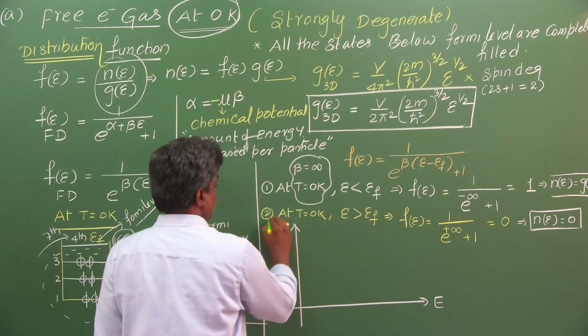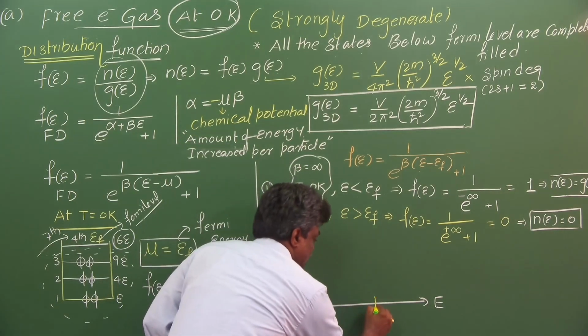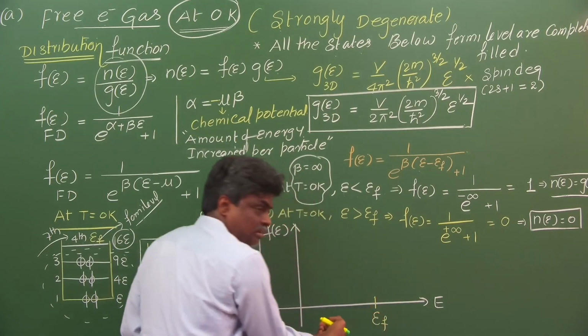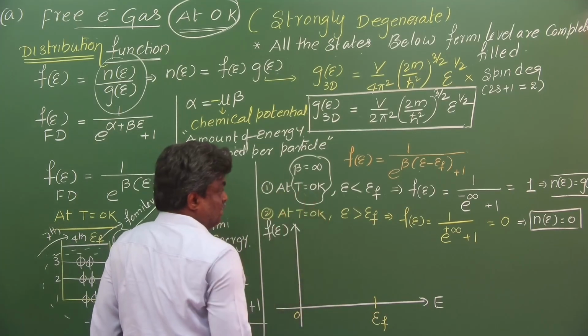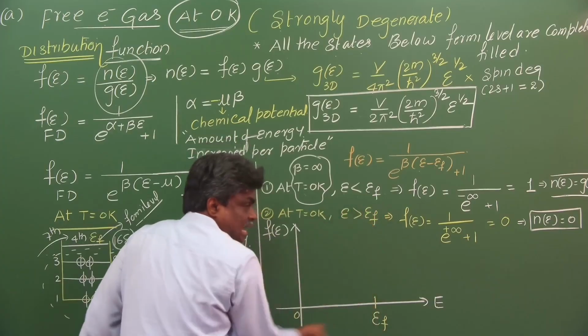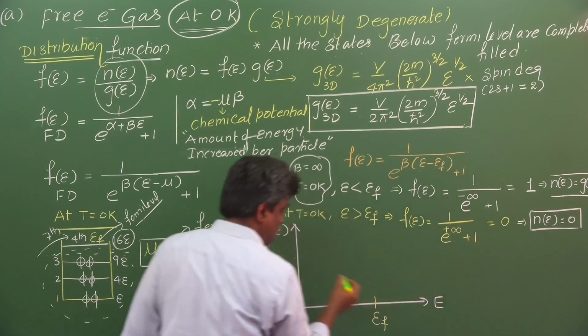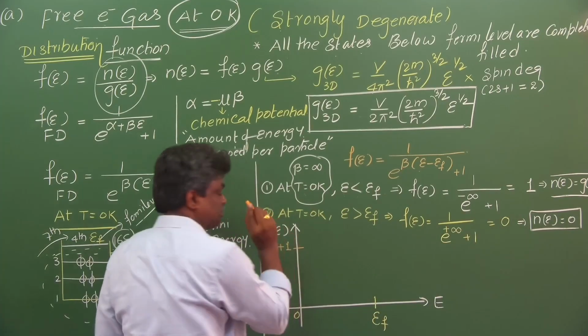So finally, this is f of E, the distribution function, against energy. Somewhere we have the Fermi energy. Now at T equal to 0 Kelvin, for all E less than EF, the F of E value is 1.